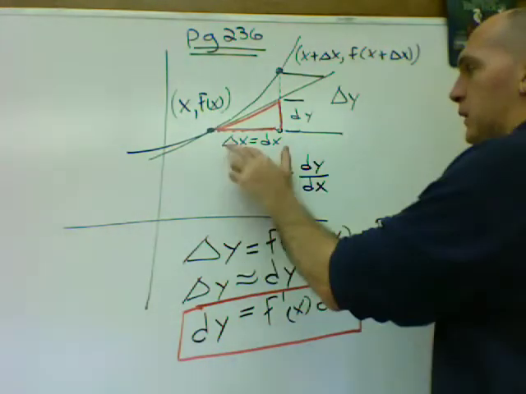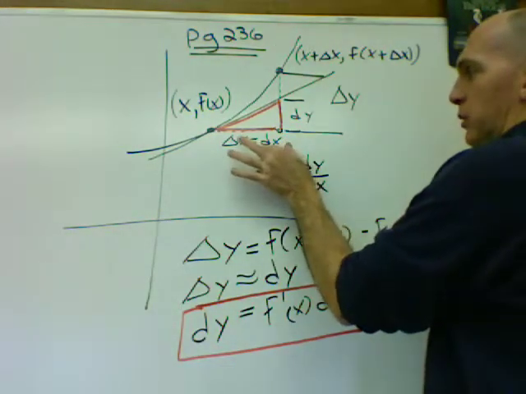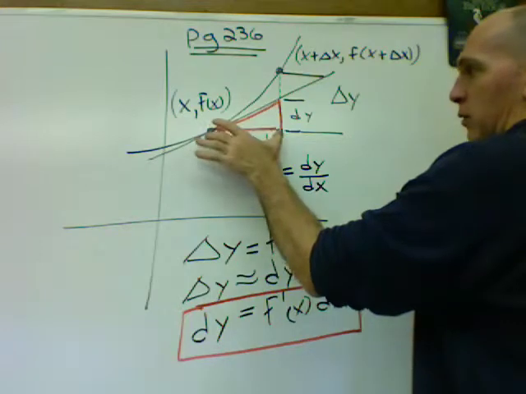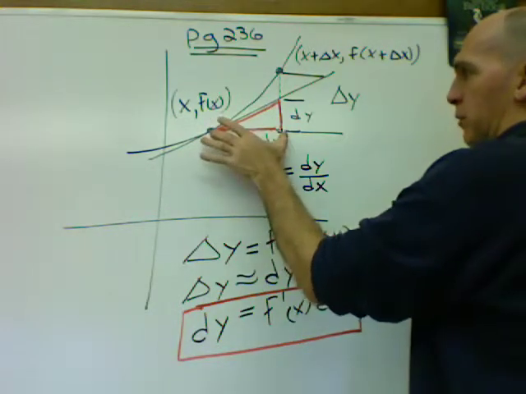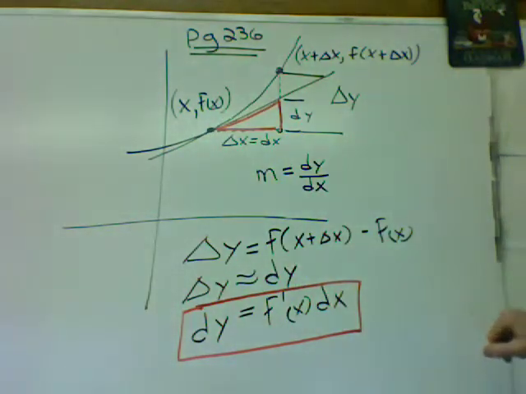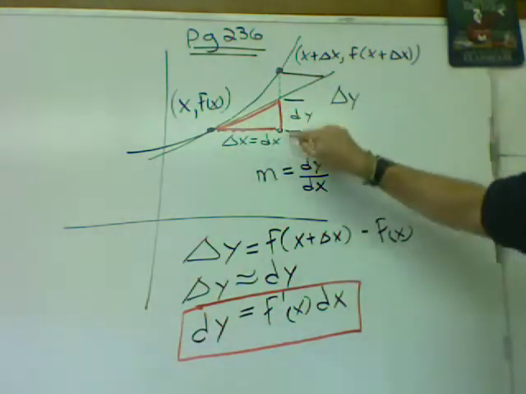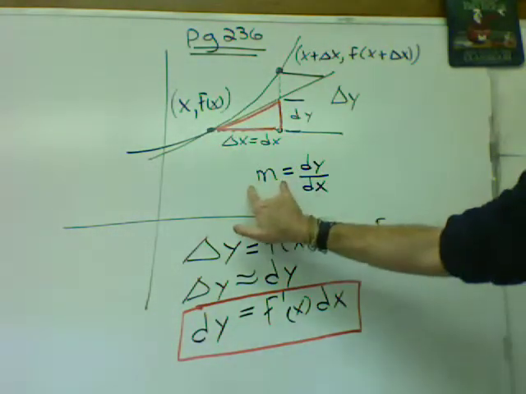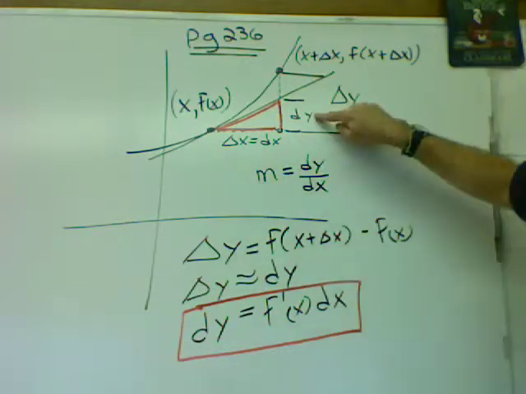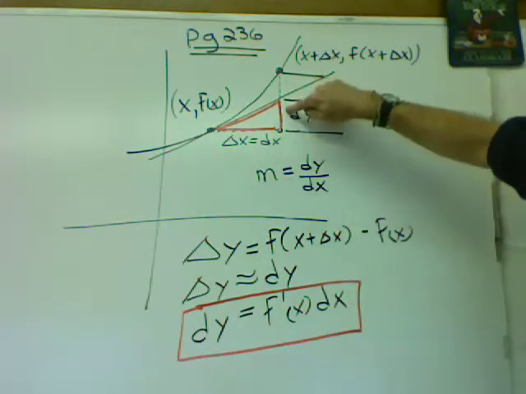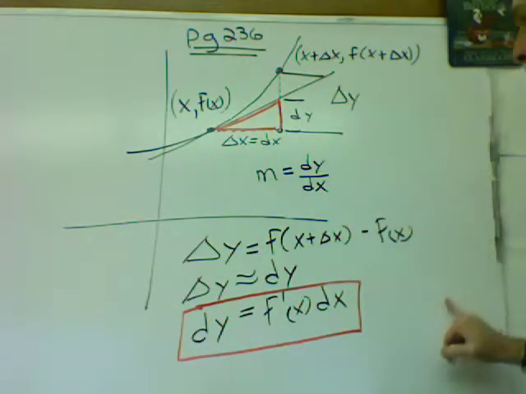My delta x is actually exactly equal to my dx. From here to here is delta x, but from here to here also can be dx. So if I'm looking at just my red triangle, I could say that my slope is dy over dx. That side over that side, rise over run.